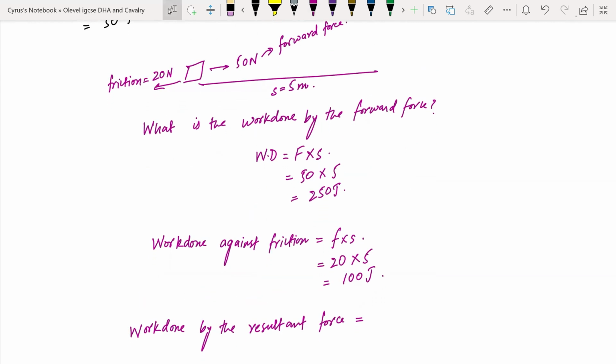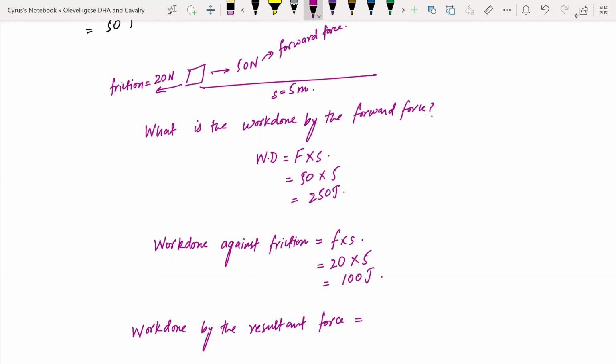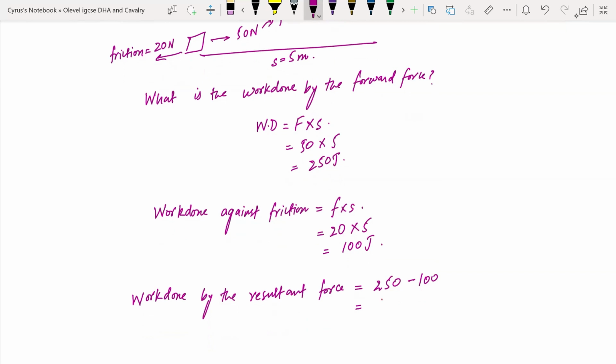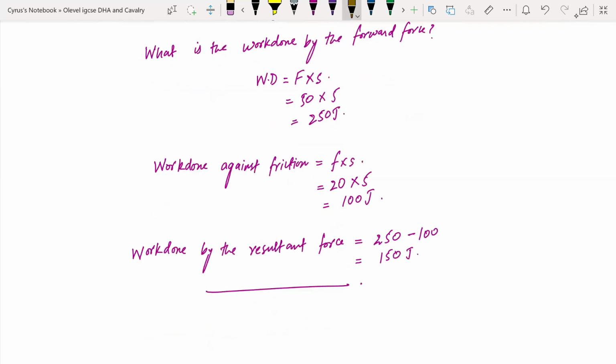What is the work done by the resultant force? Yeah, now you can write here the work done by the forward force minus the work done against friction. So you have here 250 minus 100, and this is going to be 150 joules.